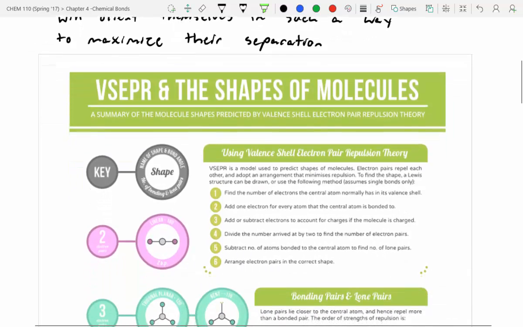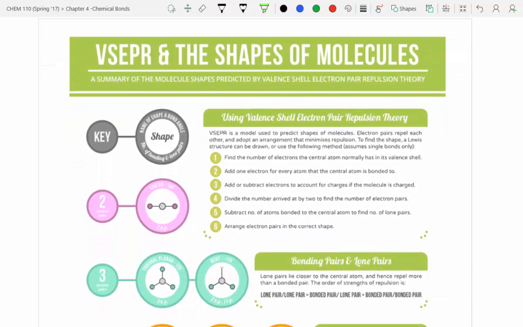So this looks complicated and overwhelming, but the trend is really easy to identify. So the first thing I look at is the key. And the key says, all right, what we need to do is to determine the number of bonding and lone pair electrons around the central atom. So for example, let's say we've got a central atom right here, and we've got two bonded atoms attached to it, right?